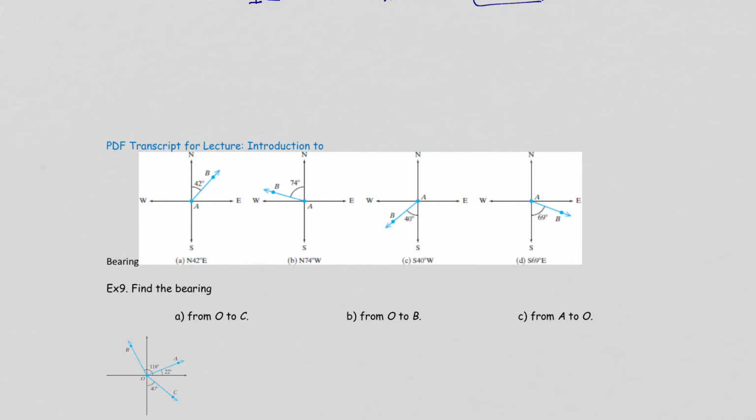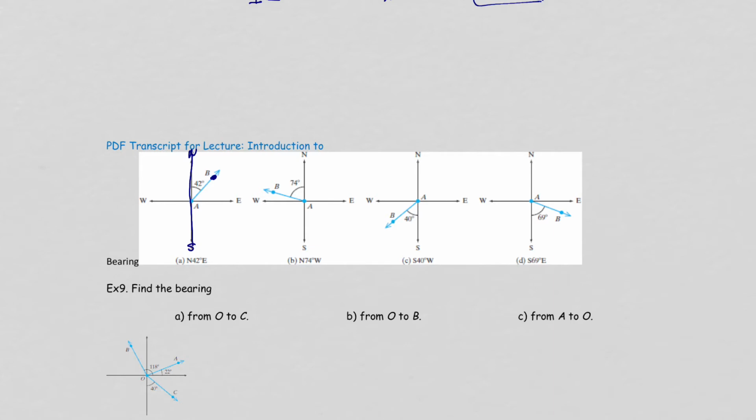Before we do the next two examples, we want to go over and make sure we know how to use bearings. Let's say we wanted to show this location right here using the bearing. We're always going to use the vertical line as the initial side, which is going to be north or south.